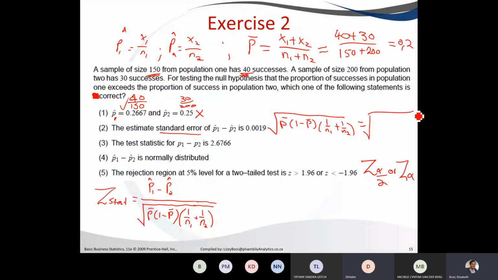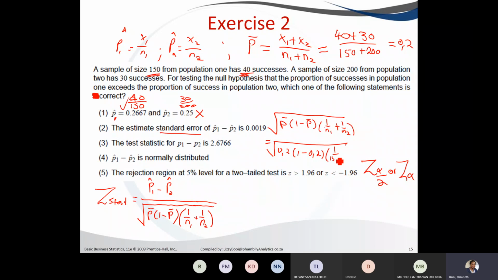It will be the square root of 0.2 times 1 minus 0.2. I'm going to run out of space, so let's do it at the bottom: the square root of 0.2 times 1 minus 0.2 times 1 over 150 plus 1 over 200.